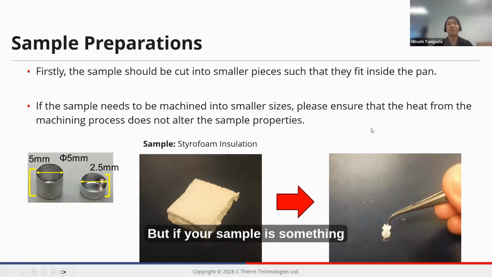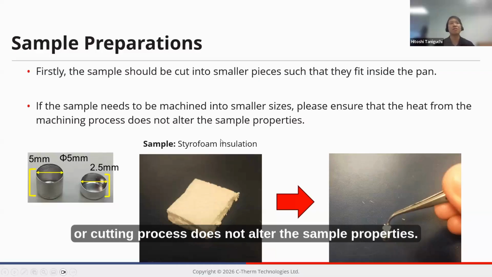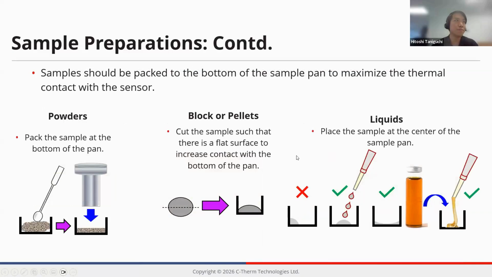But if your sample is something like a rigid polymer, like PET, for example, you can cut it using a box cutter or lab knife and such, but please ensure that the heat from the machining or cutting process does not alter the sample properties, since that's what we are trying to measure in STA primarily.